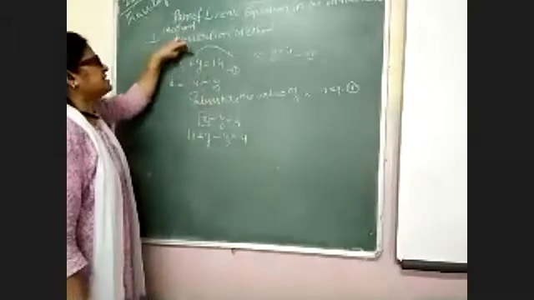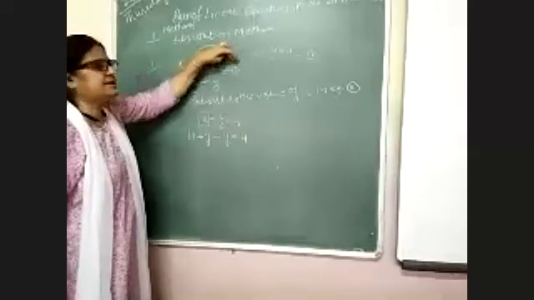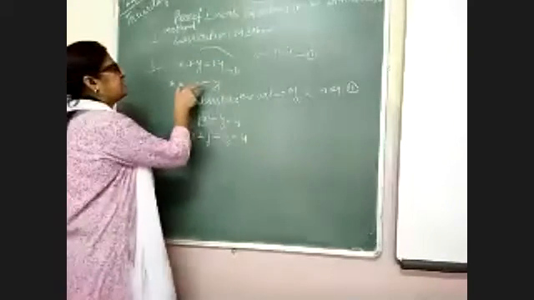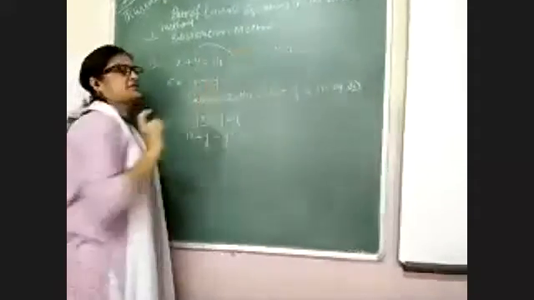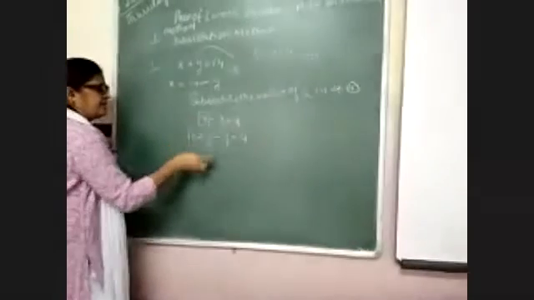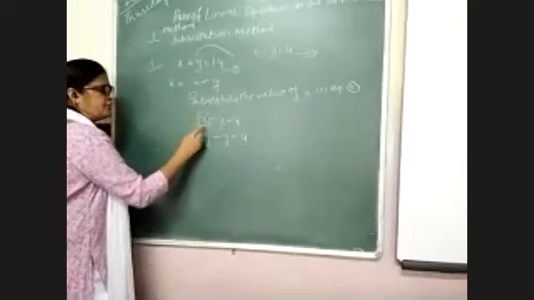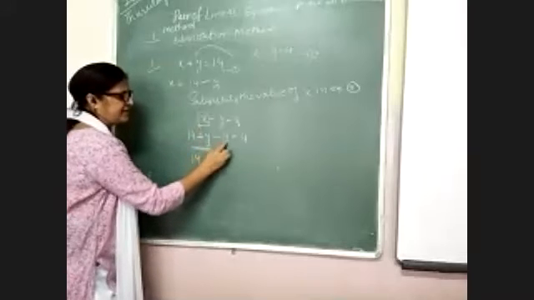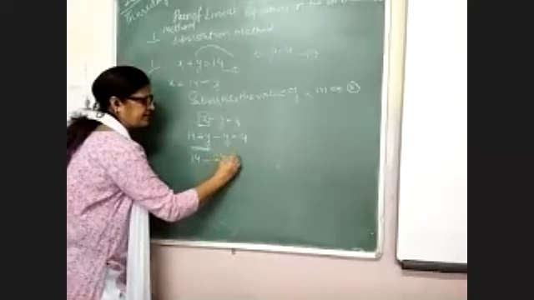Now see in this question, when plus y is transposed to the right hand side, it becomes 14 minus y, and you put this value of x in equation 2. So I put the value of x, 14 minus y, here: 14 minus y minus y equals 4, that is 14 minus 2y equals 4.